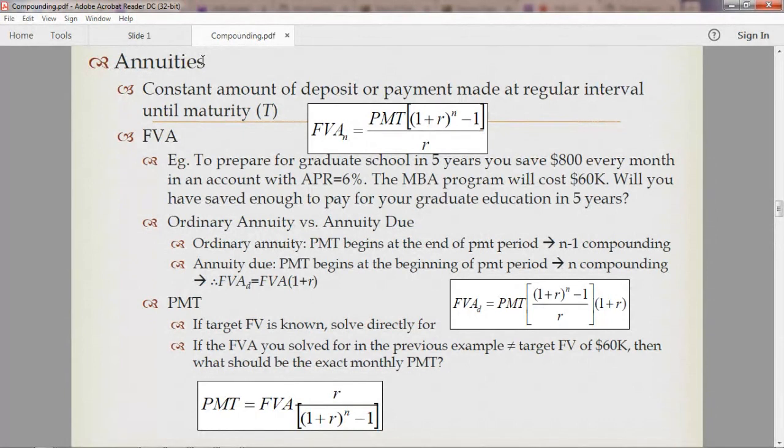Even state universities for an MBA program can cost anywhere between 40K to 60K a year.